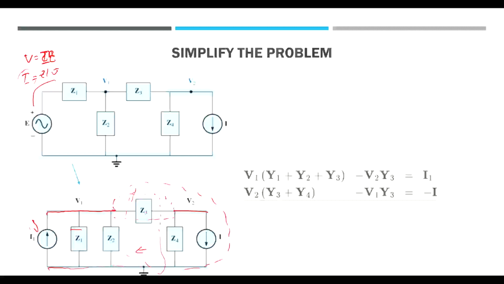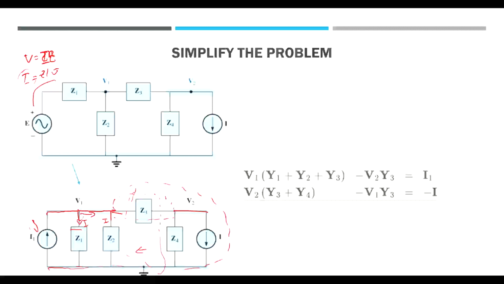So, for instance, in this particular case, you can get that the current I1 goes up to here, then you have another current here, another current there, and another current there. So it gets pretty complicated, whereas in this particular case, you can do V1 divided by Z1, because it's going to the ground.